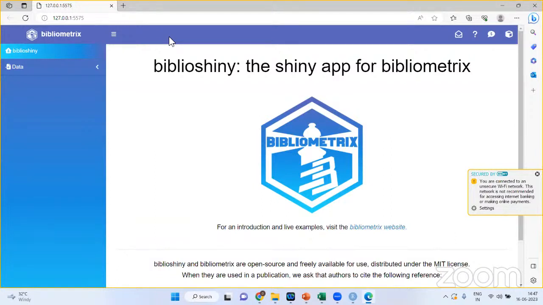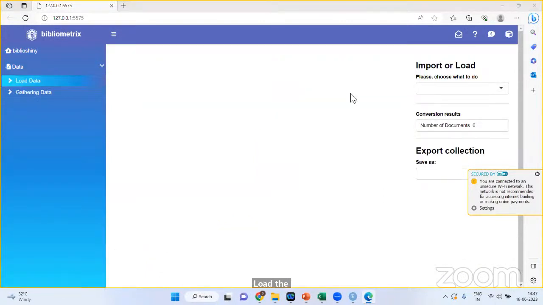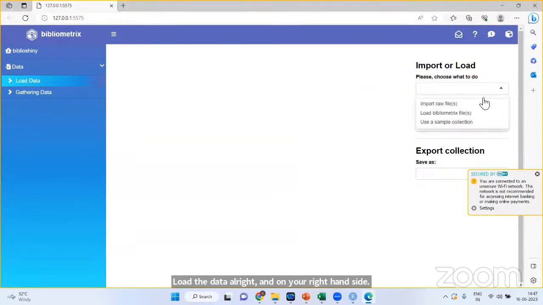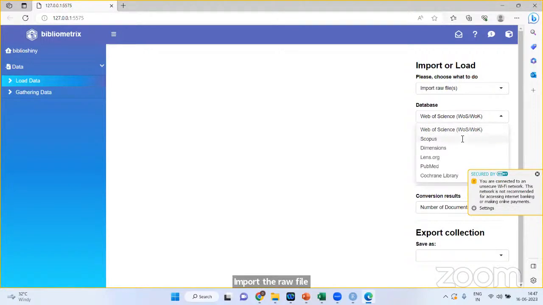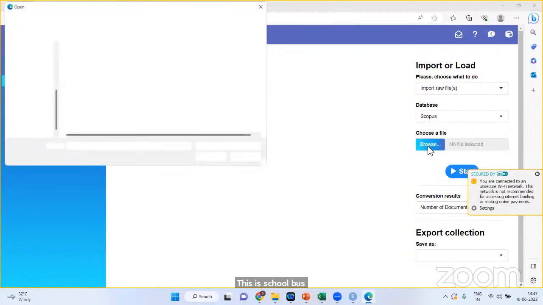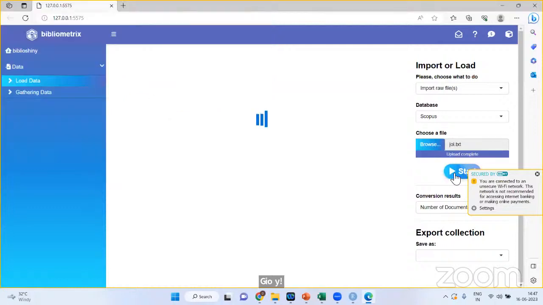Done. Now, Preeti ma'am must have sent you the file. Click on Data, load the data, right? And on your right hand side, import the raw file. This is Scopus, browse, open, start.